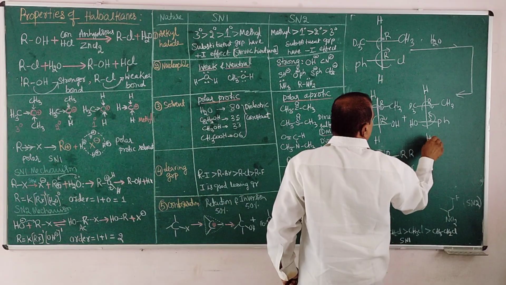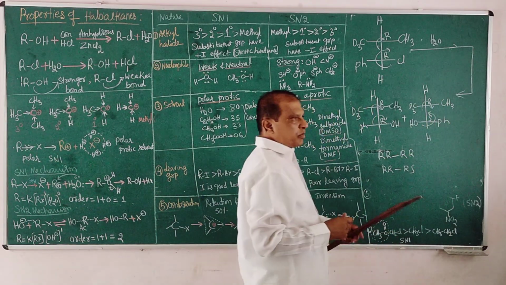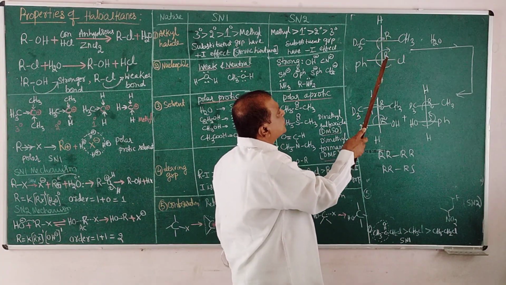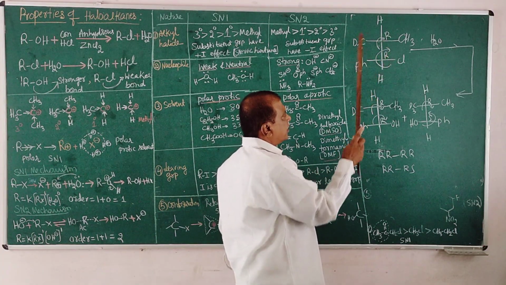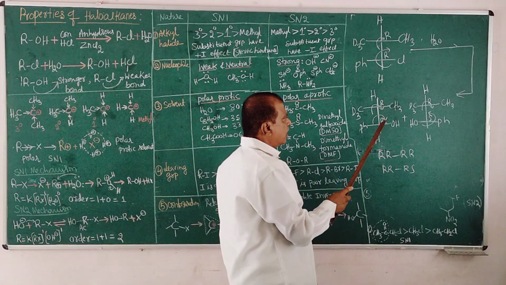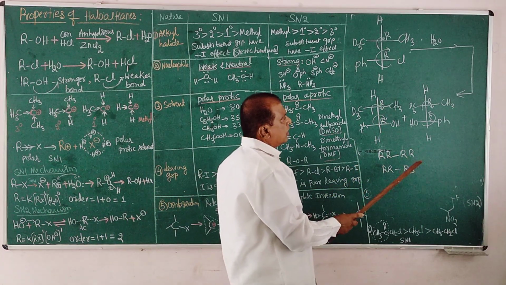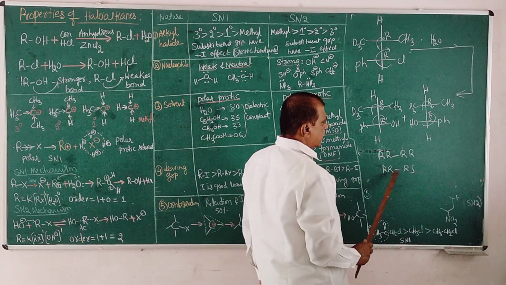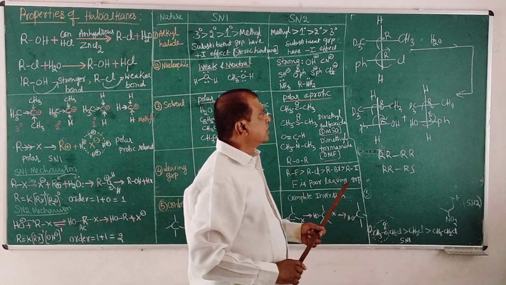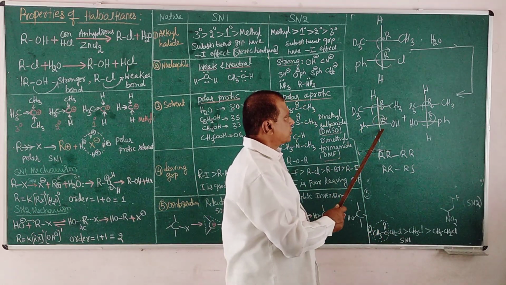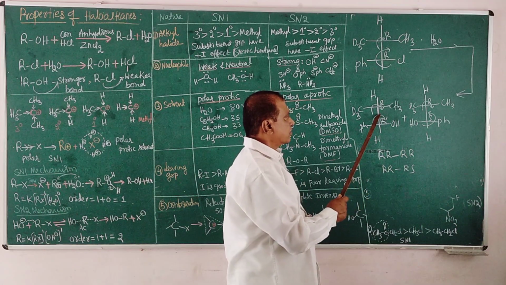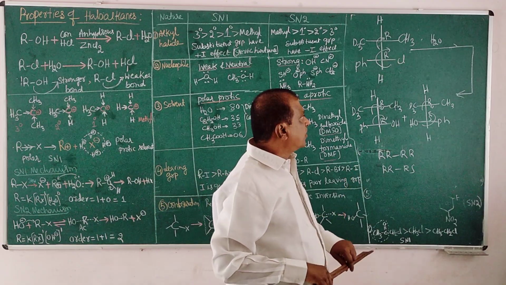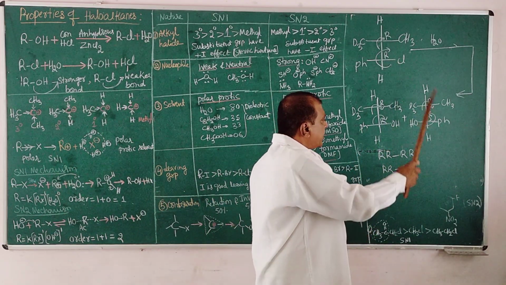This carbon has configuration R in the reactant. In the product, here R, and here another configuration R, here S. R becomes RR and RS. So we get two different configurations, RS and RR, and they are called diastereomers. So this kind of reaction gives this kind of isomers.